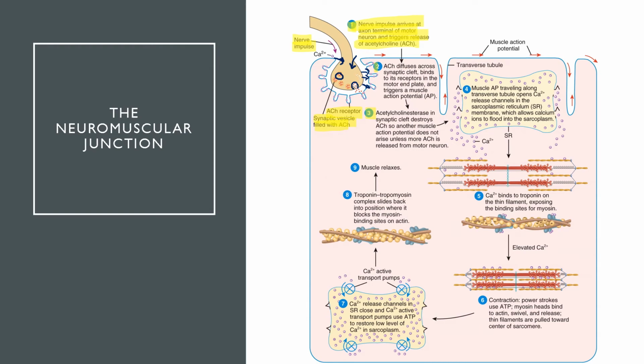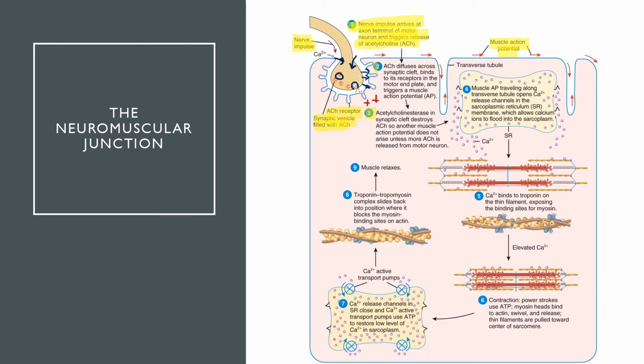Step 3 here is the production of the muscle action potential. The inflow of sodium down its electrochemical gradient makes the inside of the muscle more positively charged, and the change in the membrane potential is going to trigger a muscle action potential.